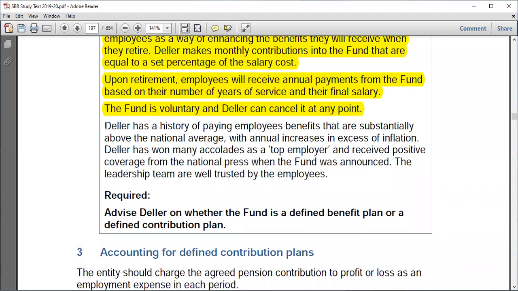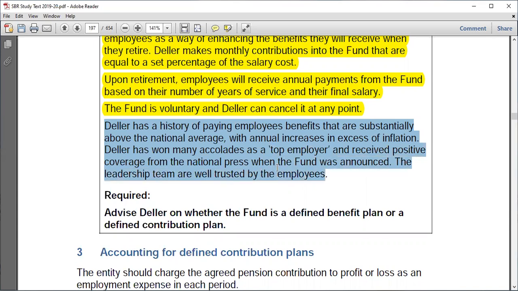And again, here we are told that Della has a history of paying employees benefits that are substantially above the national average, with annual increases in excess of inflation. Della has won many accolades as a top employer and received positive coverage from the national press when the fund was announced. The leadership team are well trusted by the employees. So it seems that management is just fine, right?